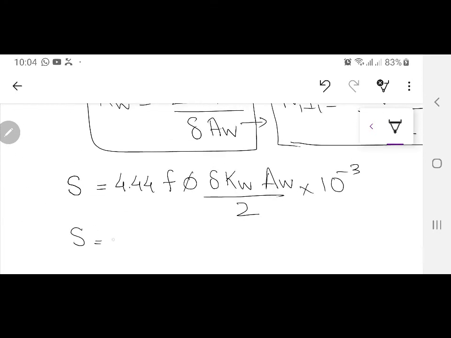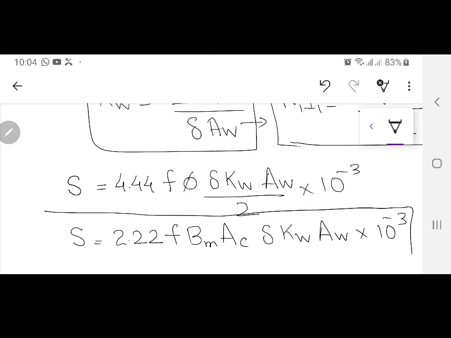And if I simplify this, it is 2.22 f. Now instead of flux, I can write Bm, the flux density, and the area of the core Ac, and here I have delta Kw AW into 10 raised to power minus 2. This is the design equation of a single phase core type transformer.